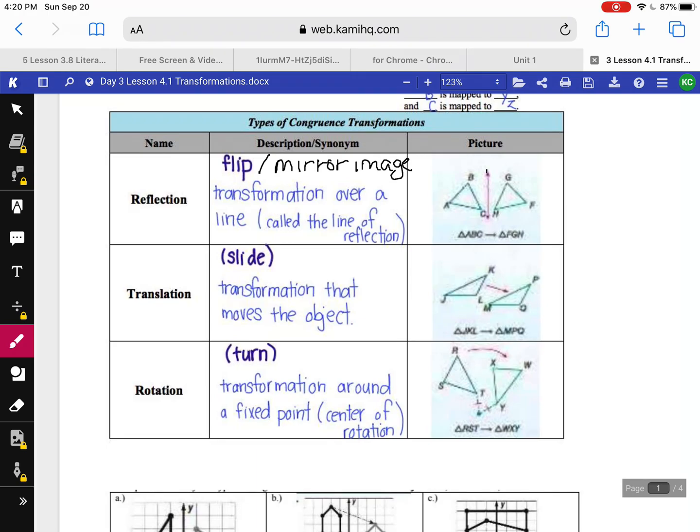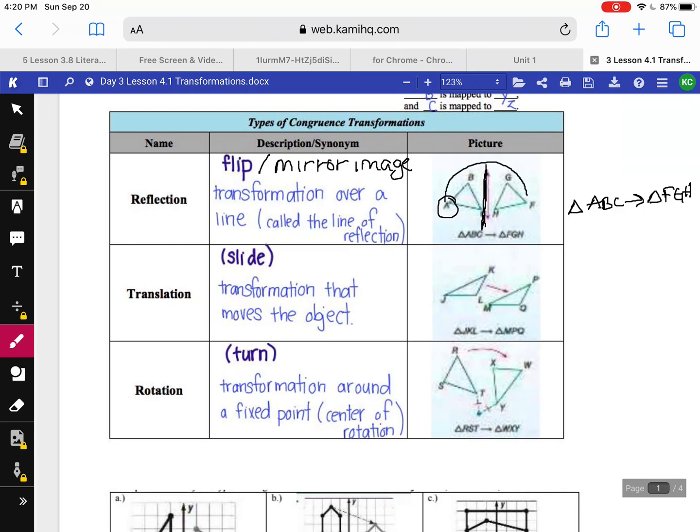So in this case, here is a line, and we can see that, again, I have triangle ABC, and it was transformed into triangle FGH. And we can map those points.